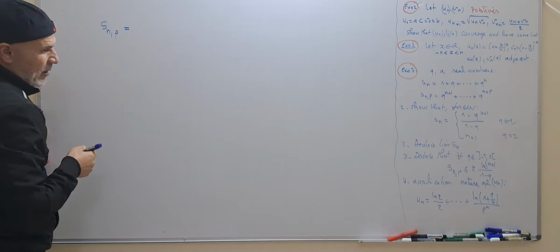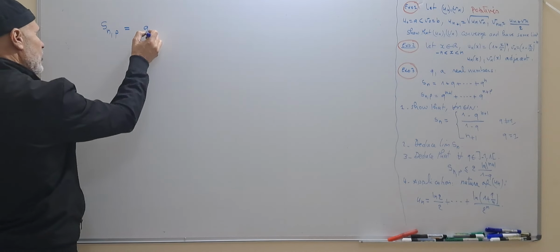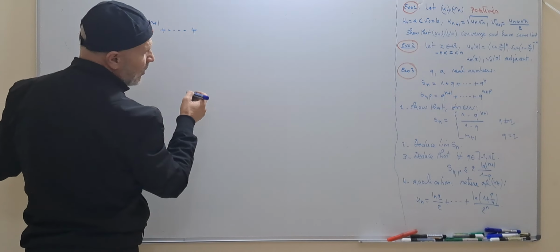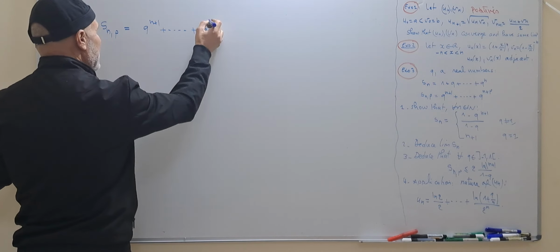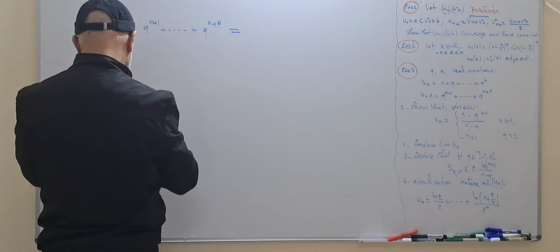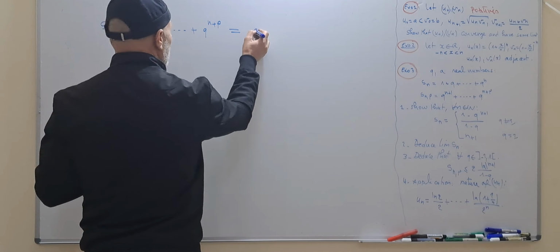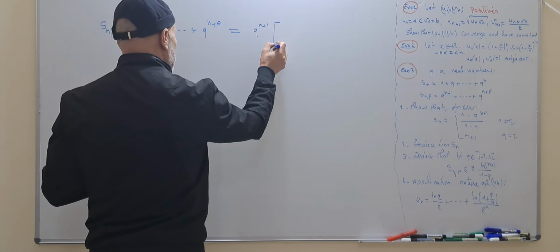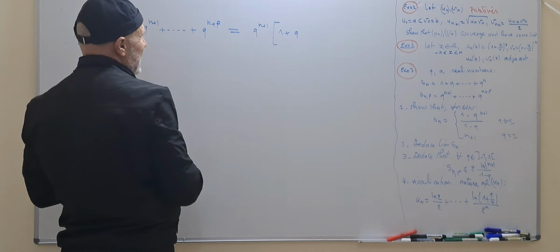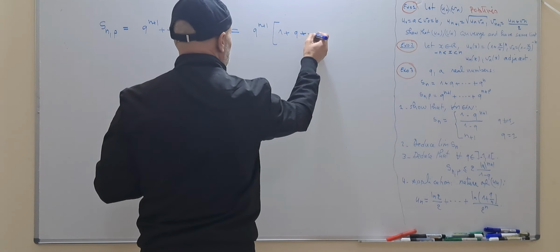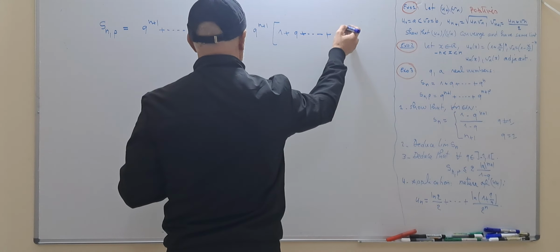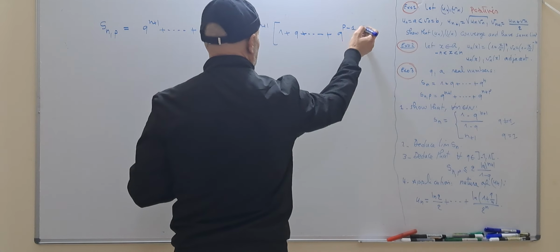This is equal to q power n plus 1 plus q power n plus p, which is equal to q power n plus 1 times 1 plus q plus up to q power p minus 1.